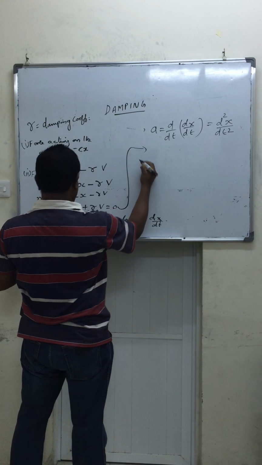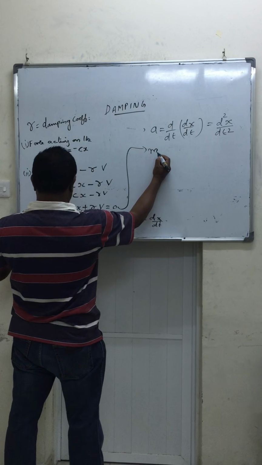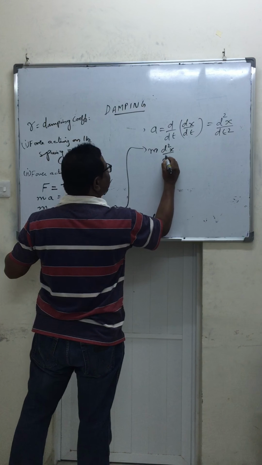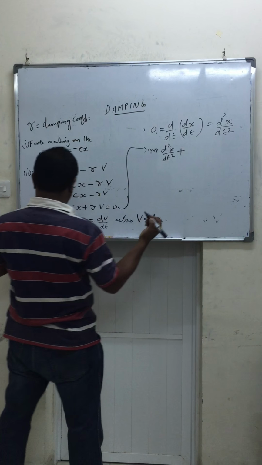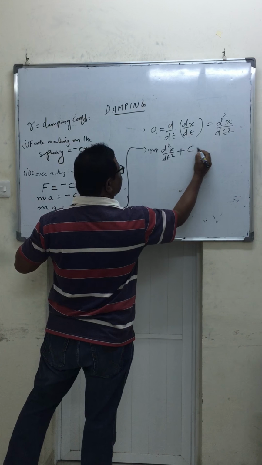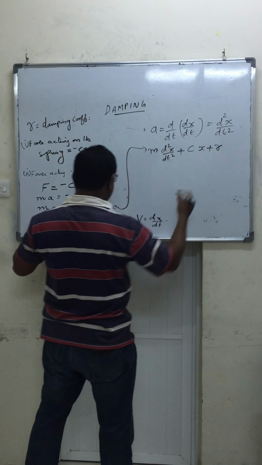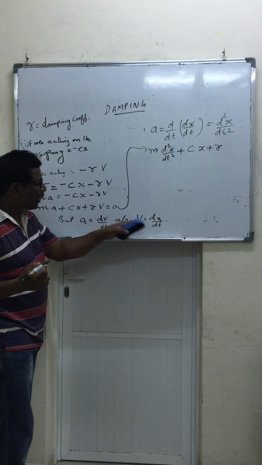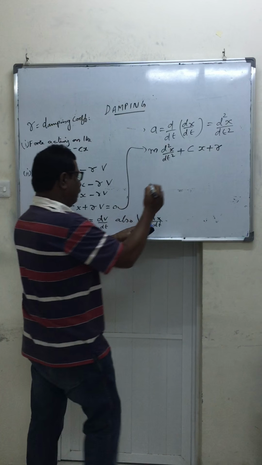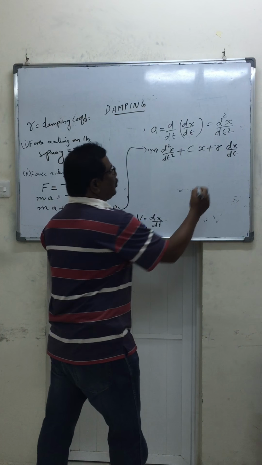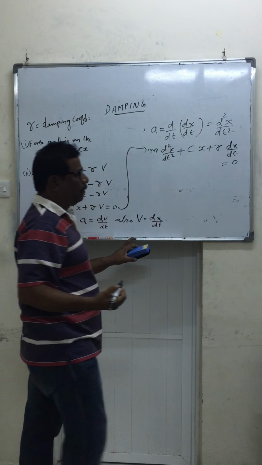Therefore this equation becomes Ma, instead of A, what will I be writing? m d square x by dt square plus Cx plus gamma V. What is V? Instead of V, what can I write? dx by dt, which is equal to what? 0.